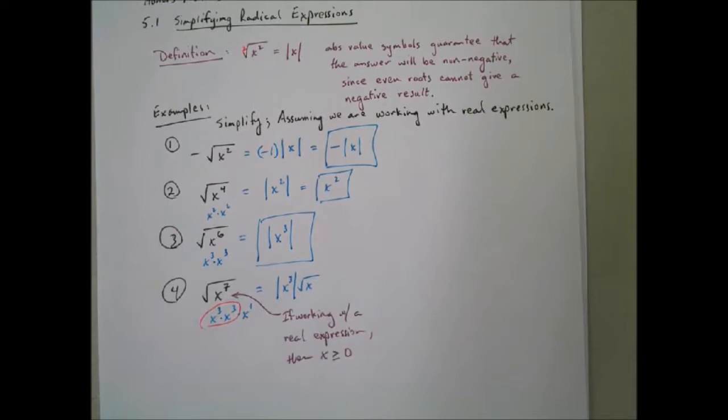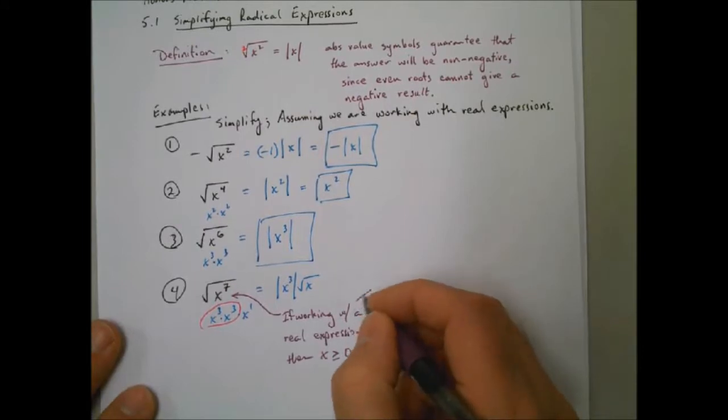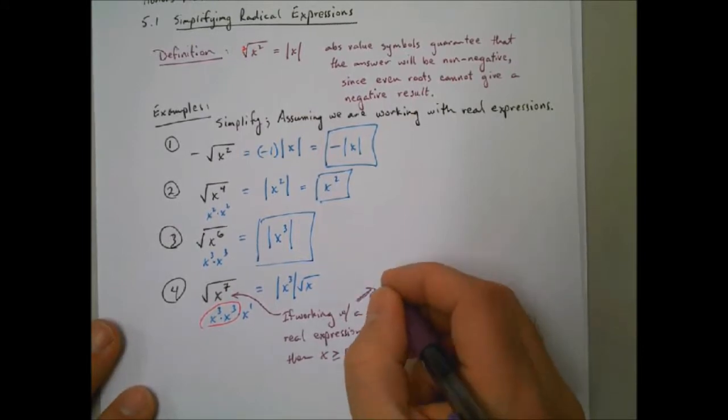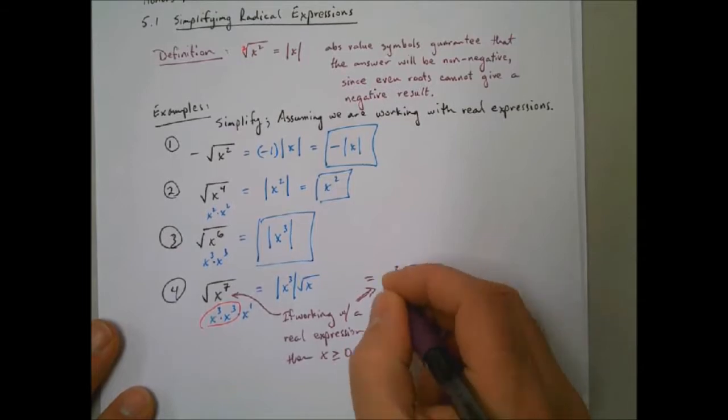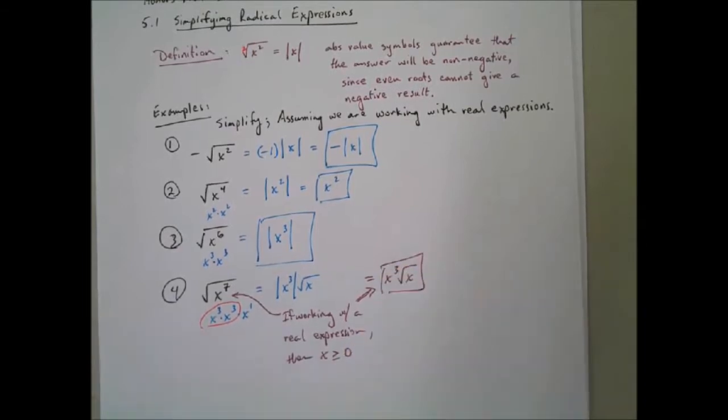So x really cannot be a negative value. And since x cannot be a negative value, we do not need to worry about absolute value here on this one. Therefore, the final answer is just x cubed root x.